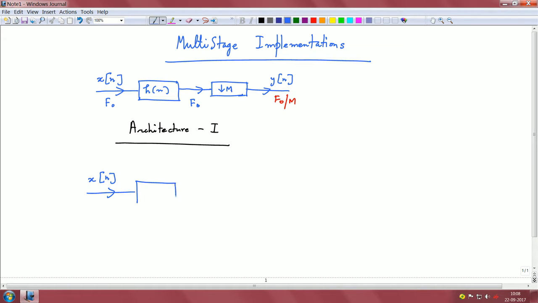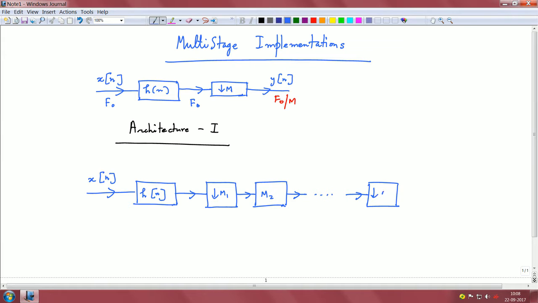That means at the input it is the same, I have this filter h of n, instead I decompose this M into some rates M1, M2, dot dot, some Mi.